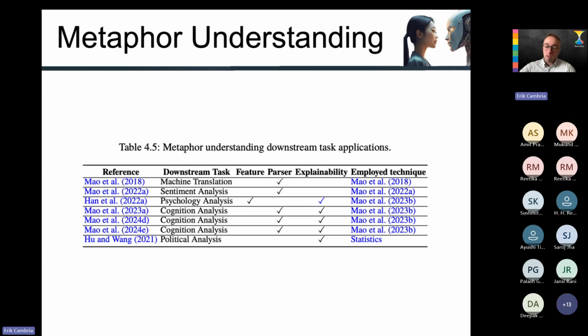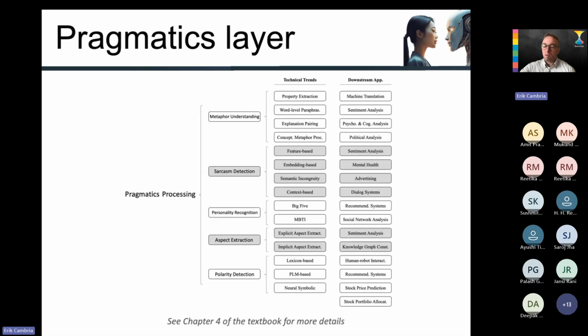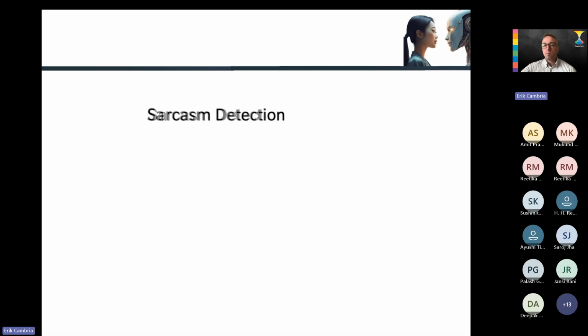But metaphor understanding can also tap into the subconscious of people, because it's not just about what they're saying, whether they like something or not, but also through the metaphors they use that we can do some concept mapping to understand how they perceive specific concepts, products or services. So it's a very interesting and multidisciplinary task.